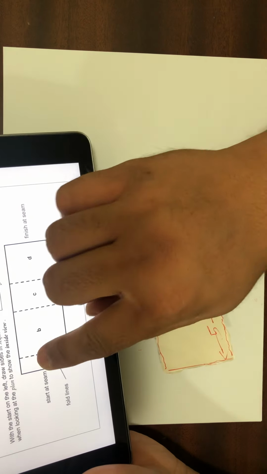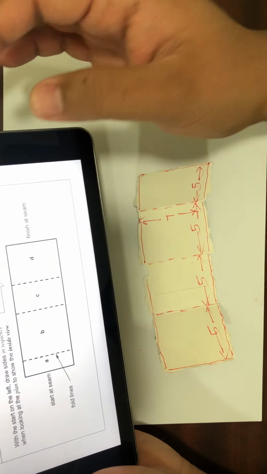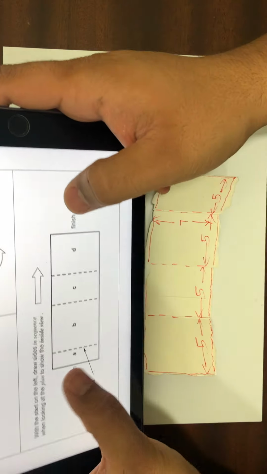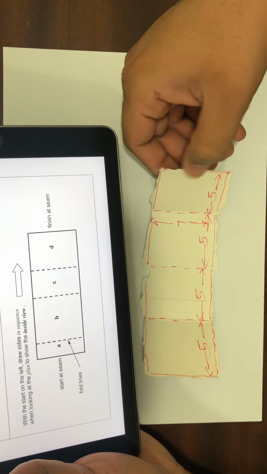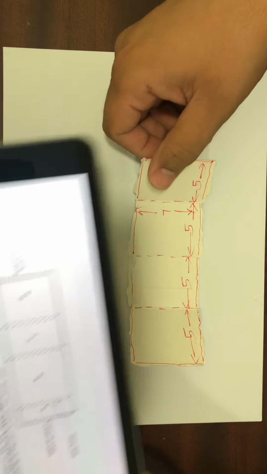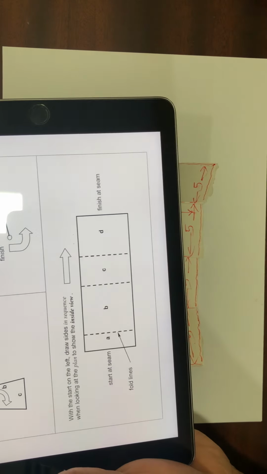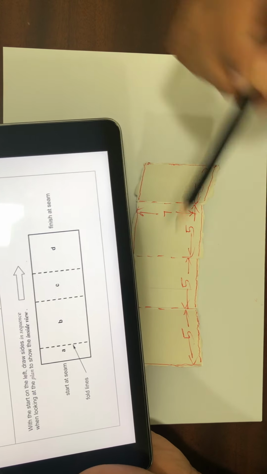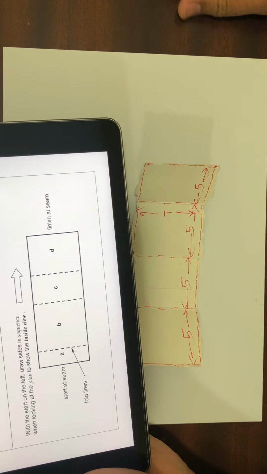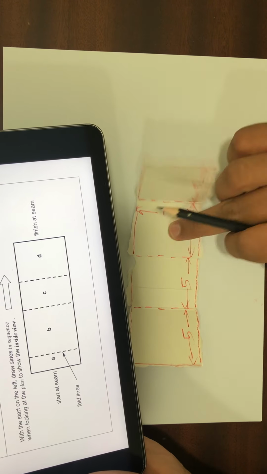So these dotted lines represent the foldable part. Here is the start of the seam, this is the starting of the seam, this is the finishing of the seam. This one is the starting point, this is the ending point, these are the foldable lines. Okay, so this is portion A, B, C, D.